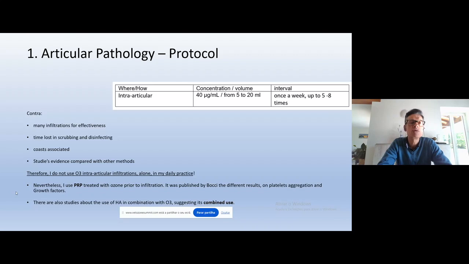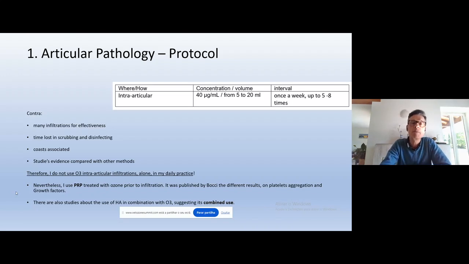The other drawback is the evidence from studies comparing ozone with other methods. We have studies comparing ozone with corticosteroids, with hyaluronic acid, and with PRP, and they show that ozone is in fact as effective as one single injection of corticosteroids. It lasts longer, but I feel it is quite difficult to oblige clients to engage in many intra-articular sessions.